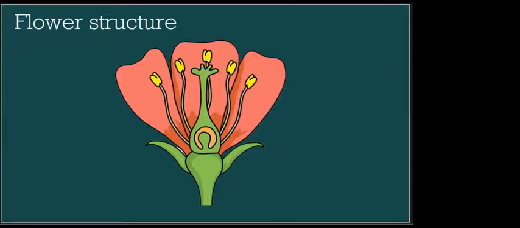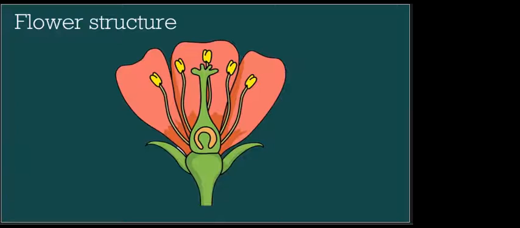When we say sexually, it is through the flowers, and asexually through other methods, such as the stems. Now, as I have said, a flower is the part of a plant which does the job of reproduction.